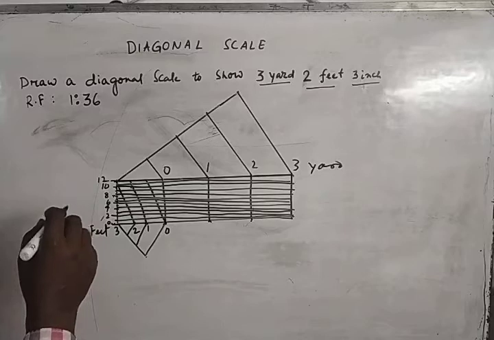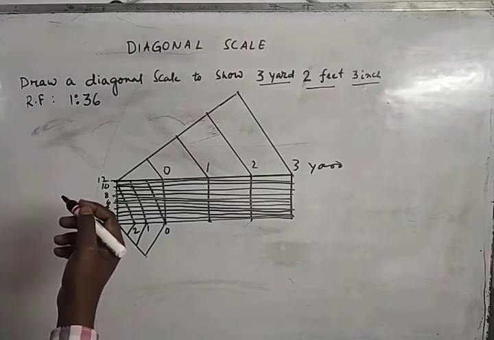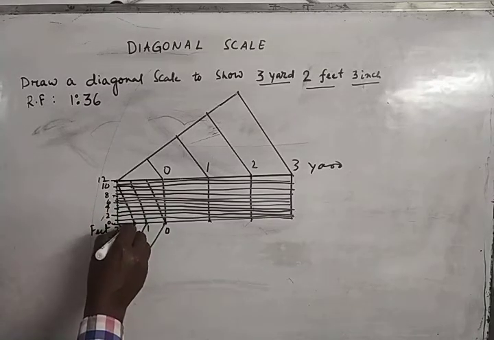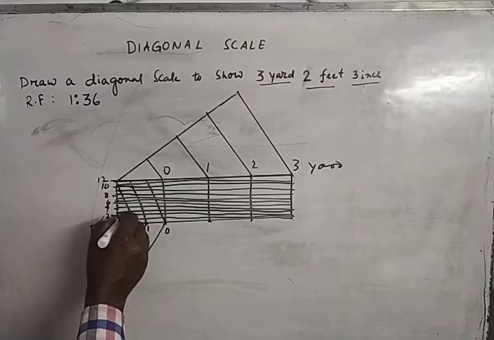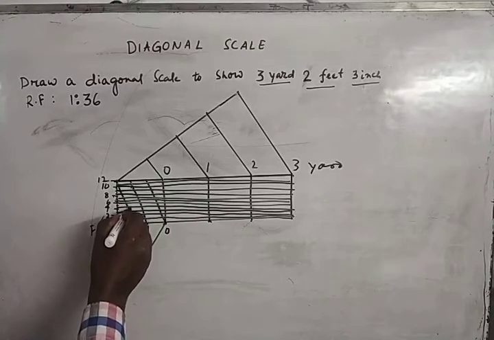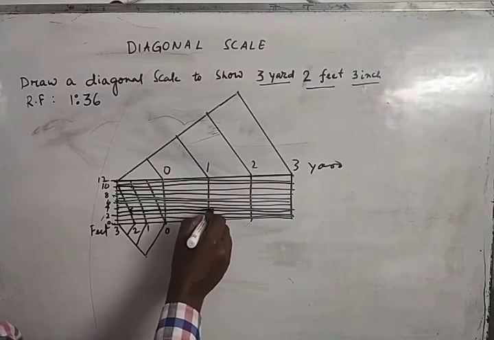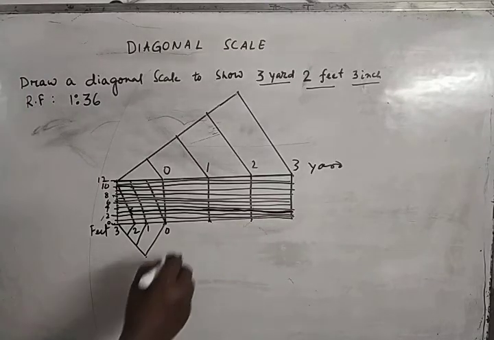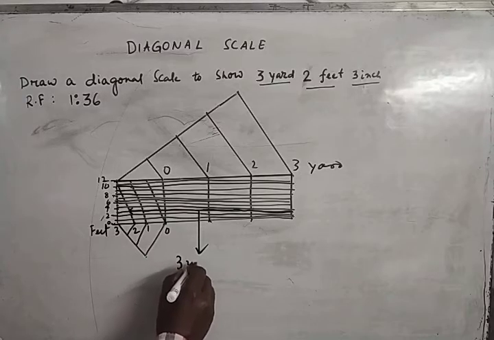1, 2, 3 primary divisions, secondary divisions 1 and 2. And how many tertiary divisions are there? 3 are required to be shown. So after coming here from the primary and secondary calculation, then 1, 2, 3. Okay? So this much is the required total length. So 3 here.